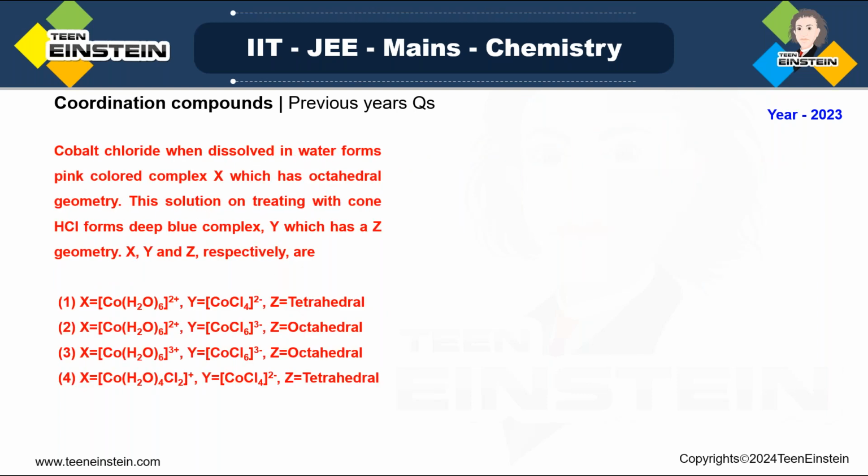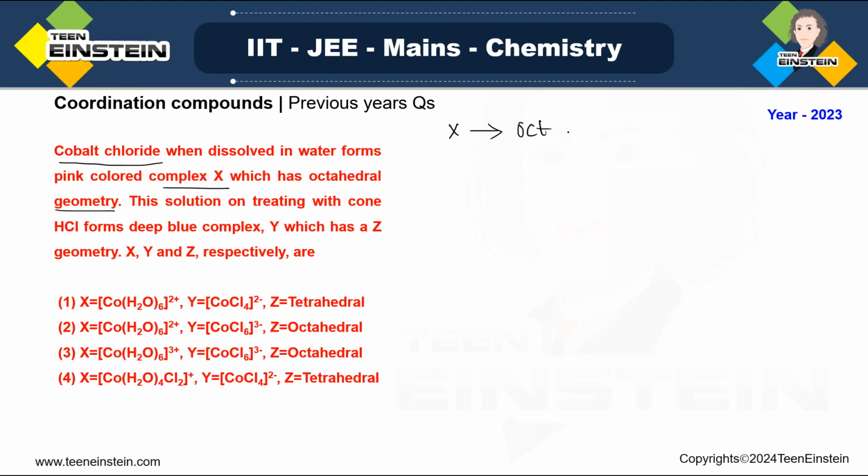Next question we have, cobalt chloride when dissolved in water. Suppose you have taken cobalt chloride, you are dissolving in water and it is forming a pink colored complex X, which has octahedral geometry. So the information whatever you are getting from this problem, whenever you face a descriptive problem, better you write the information on a rough page like this.